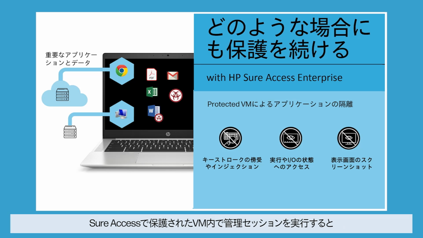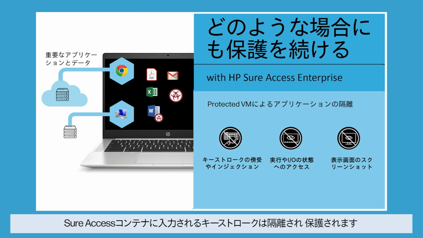So when I run an administrative session inside a SureAccess protected VM, the keyboard input going to and from that container is no longer passing through Windows. So even if there is a kernel level Windows keylogger running on the PC, the keystrokes that are being typed into the SureAccess container are isolated and protected.